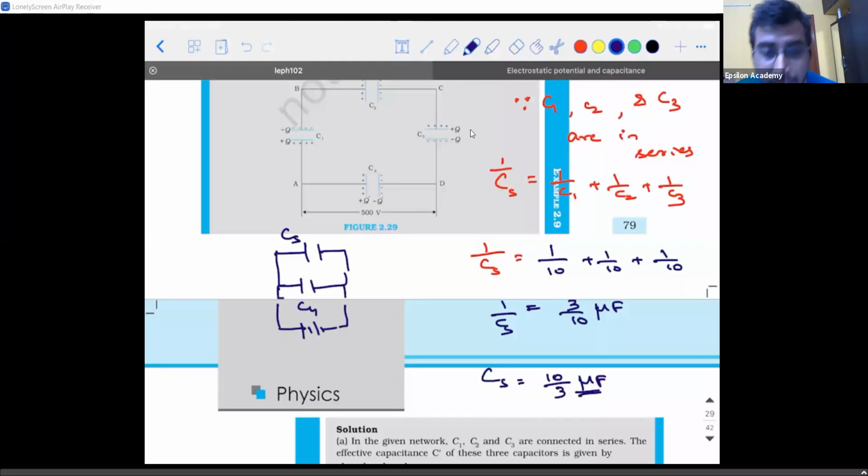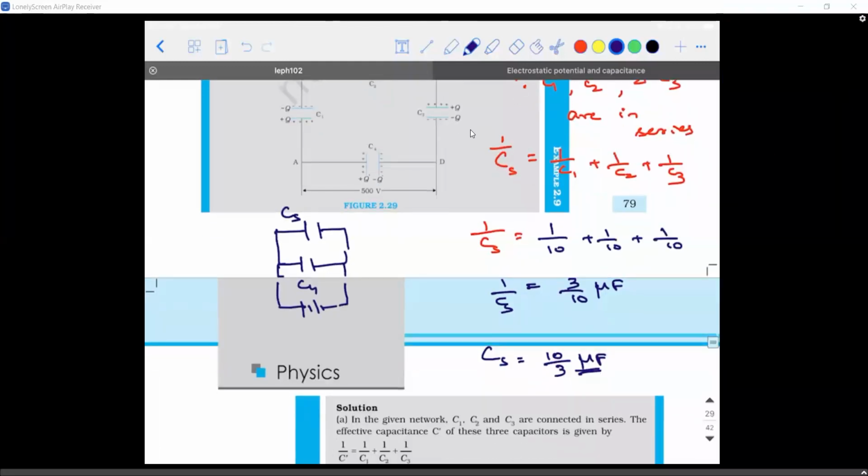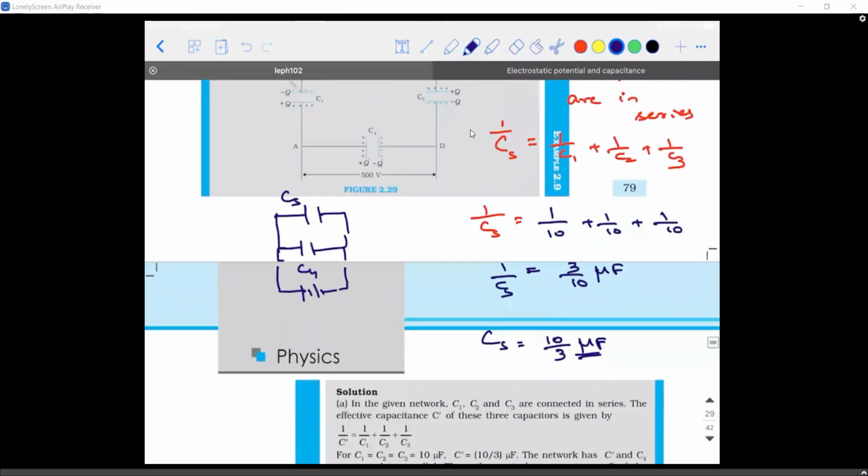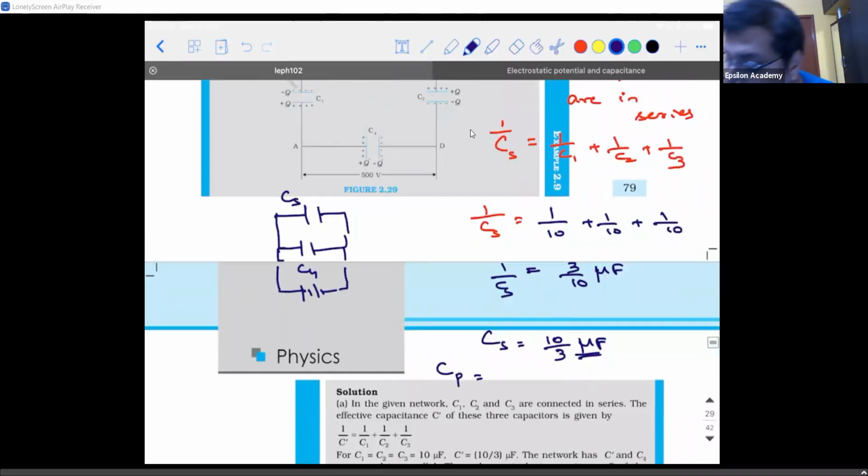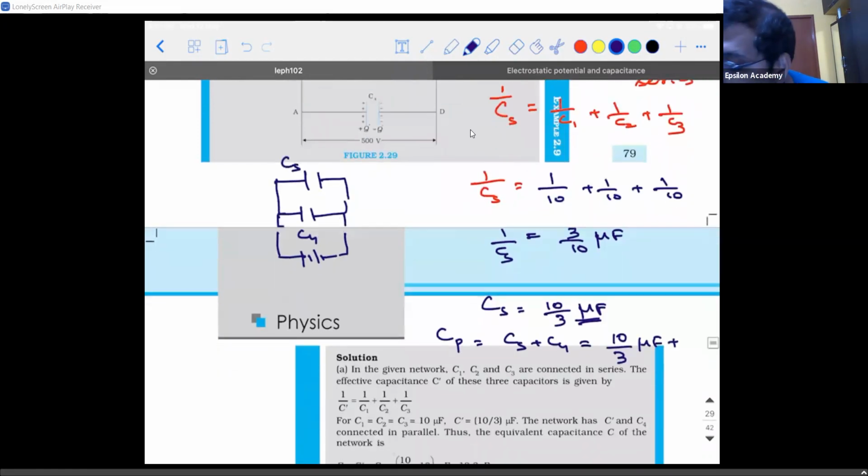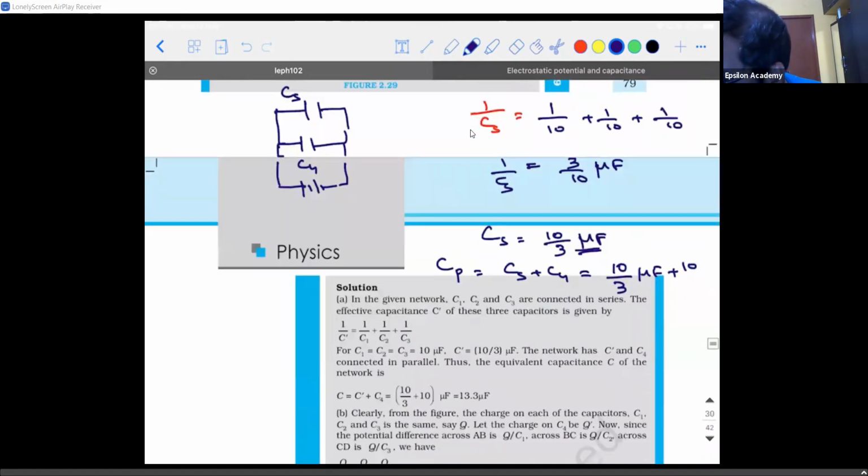They both are in parallel. So CP will be equal to how much? Can I write it as CS plus C4? Here generally I use S for series and P for parallel. Okay, CS plus C4. CS is how much? 10 by 3 microfarad plus C4, how much? 10 microfarad. So how much will be the answer? It is 40 divided by 3 microfarad.